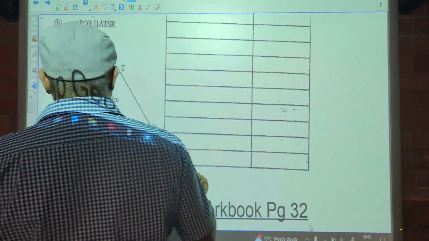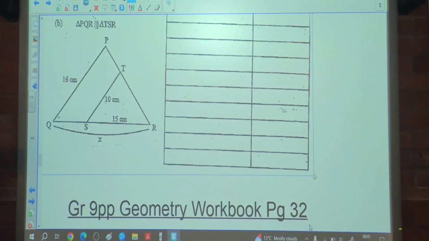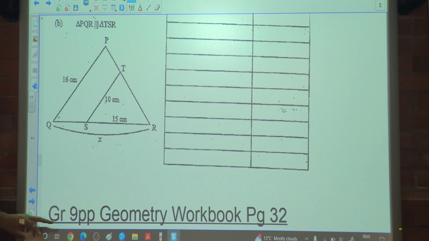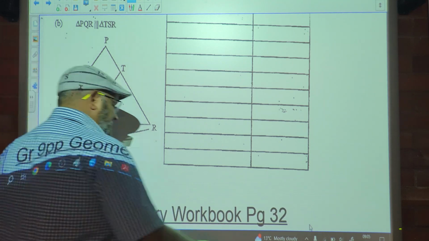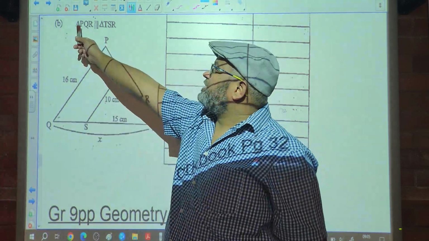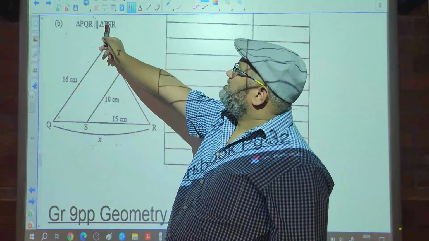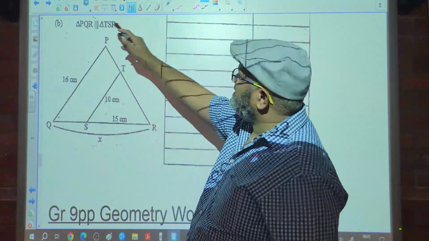B. Okay, yeah, they were nice. They told us that those triangles are similar. See how nice they are now? Okay. So what do we say? If triangle PQR is similar to triangle TSR, what can we then say?